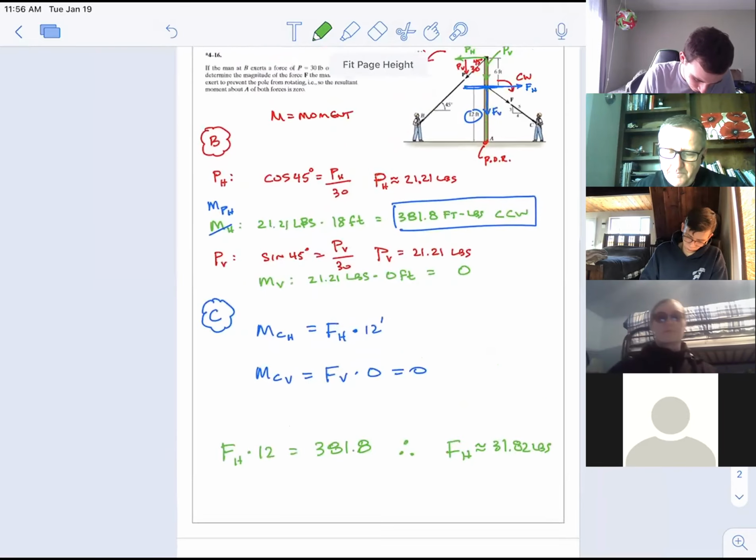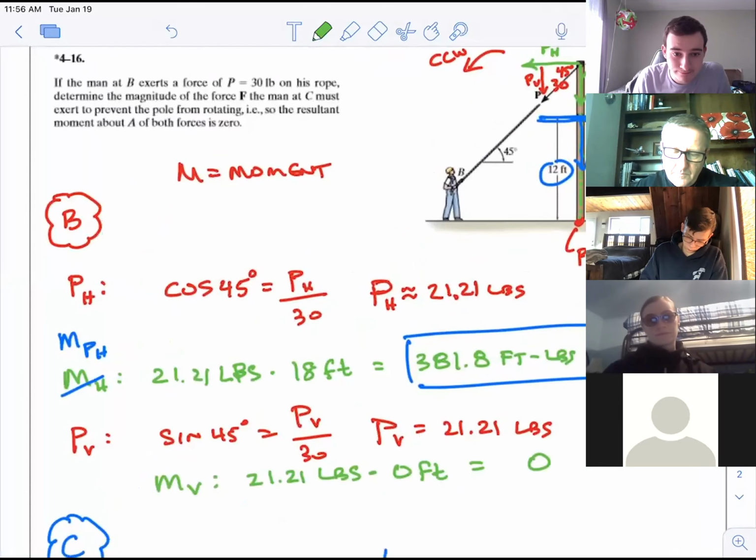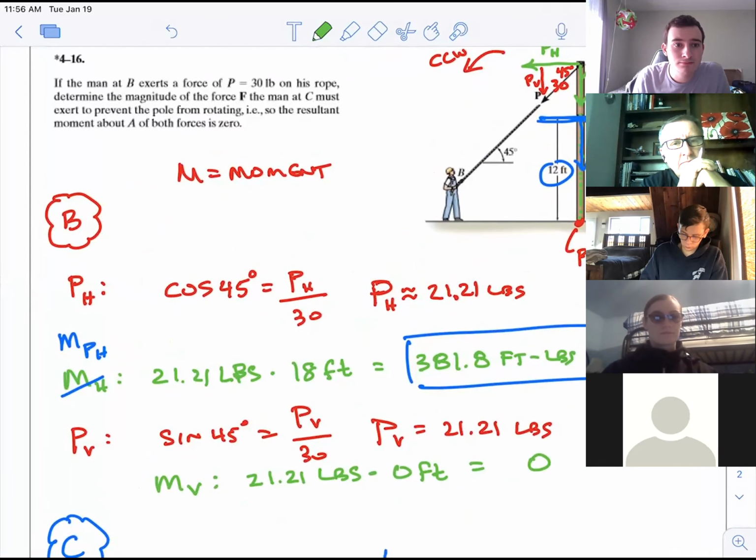Did I answer the question? I didn't. Do you see that? I found out how hard that guy would have to pull horizontally, but he's not pulling horizontally, right?